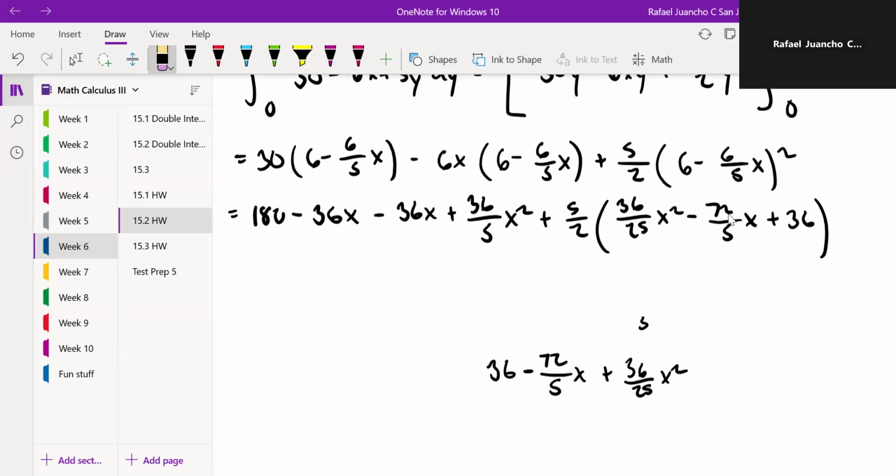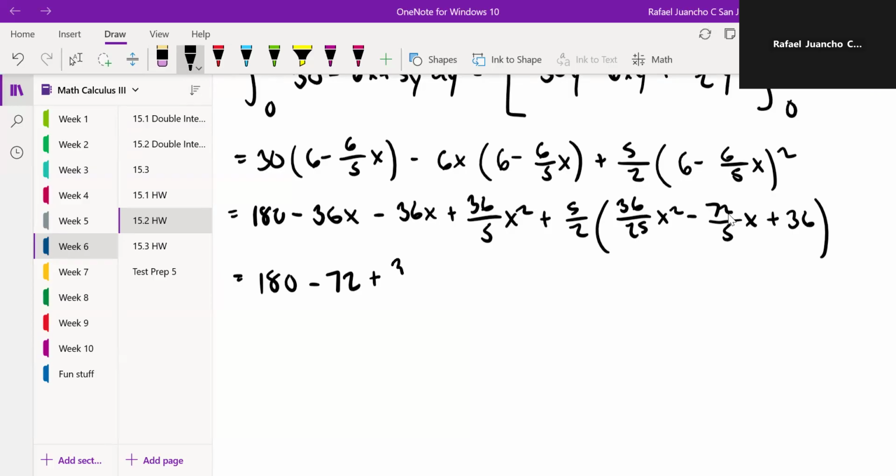Okay. And then from there, let me try to simplify a bit. So here I get 180. This is minus 72, if I'm not mistaken, 216 plus 7. Then this is the same. Now this is where it starts to get different.